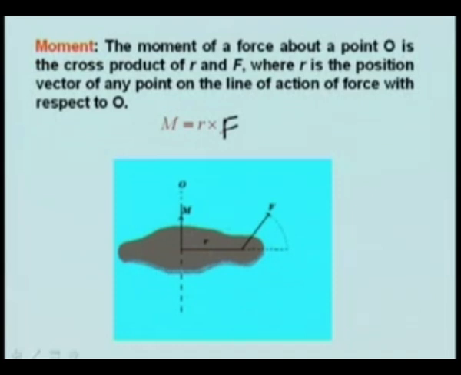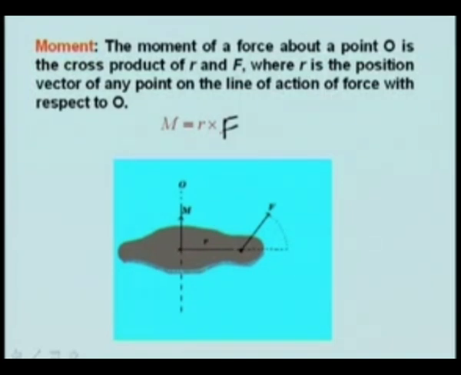Now, here the force is acting and this is the line of action. On this line of action, I have taken a point here. Suppose this is my origin point.